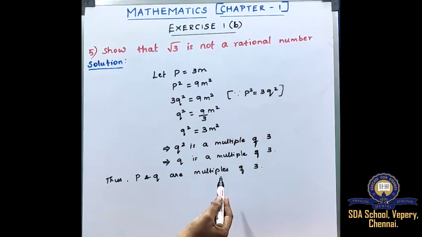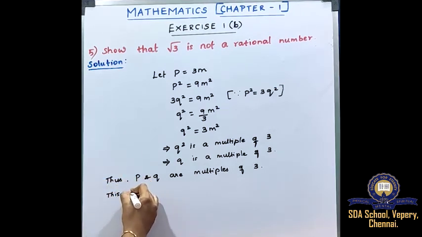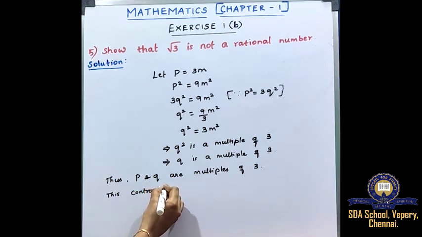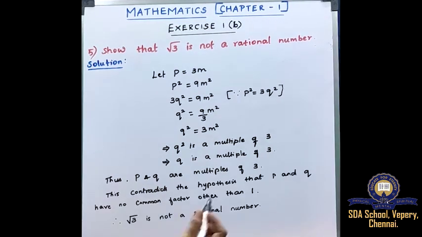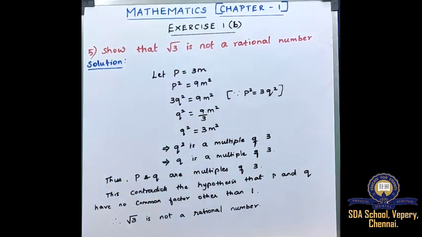So, this contradicts the hypothesis that p and q have no common factor other than 1. Therefore, root 3 is not a rational number. So, we have proved that root 3 is not a rational number.